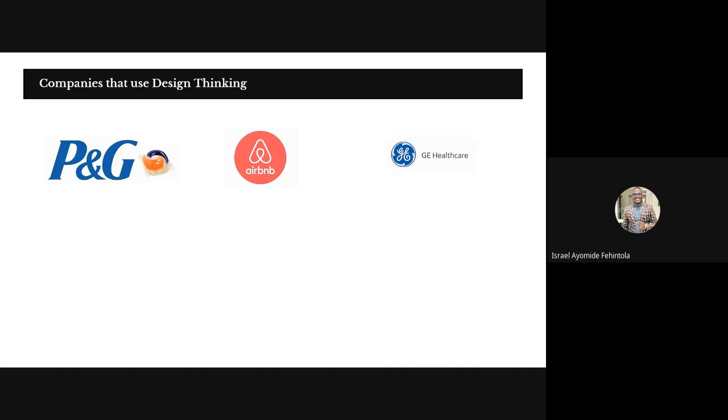Another company is GE Healthcare. Their story is even very funny. They had an issue with their MRI machine. Children were not using the MRI machine, or it was resulting in anxiety. So the designer used design thinking to identify that the machine was scary for the children.